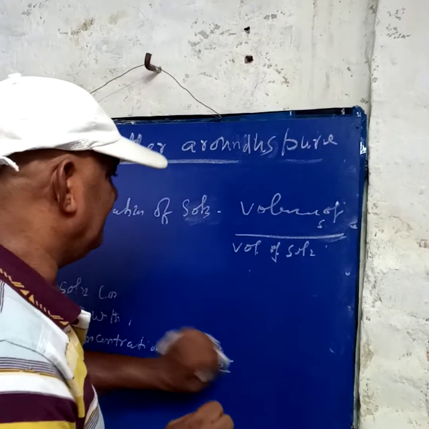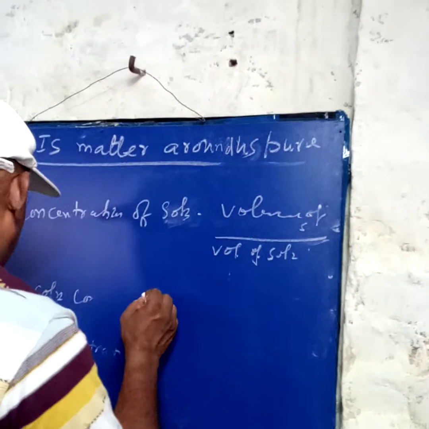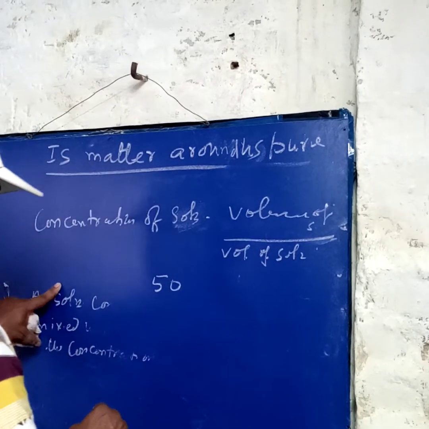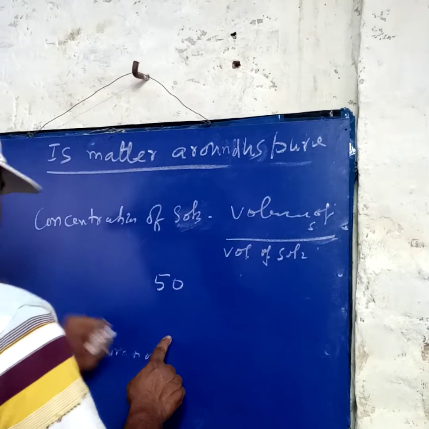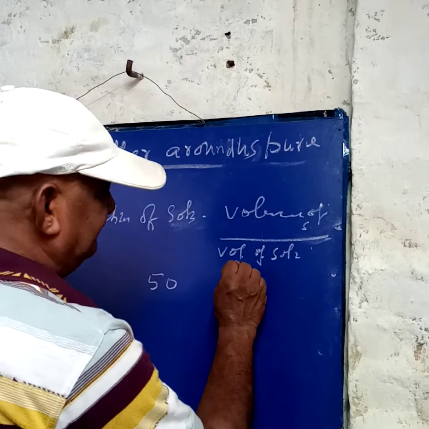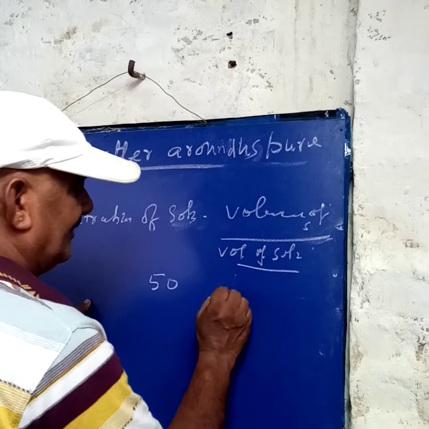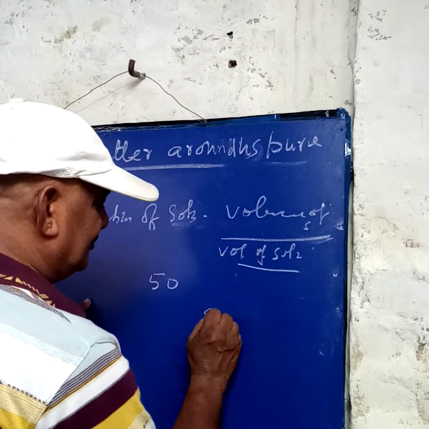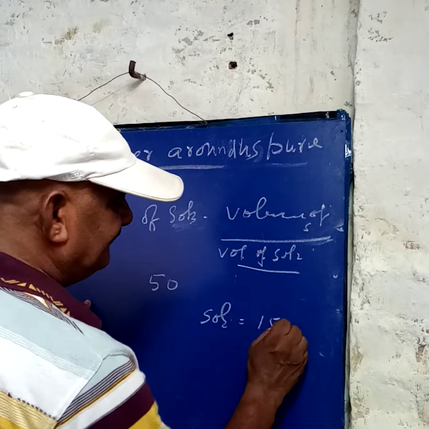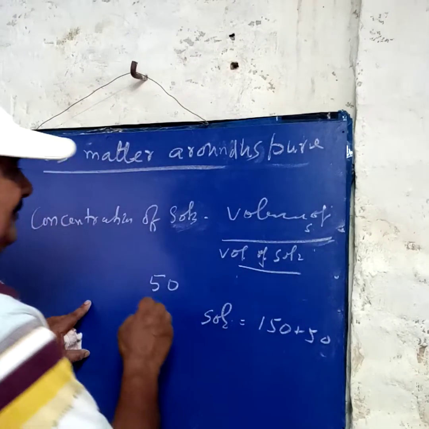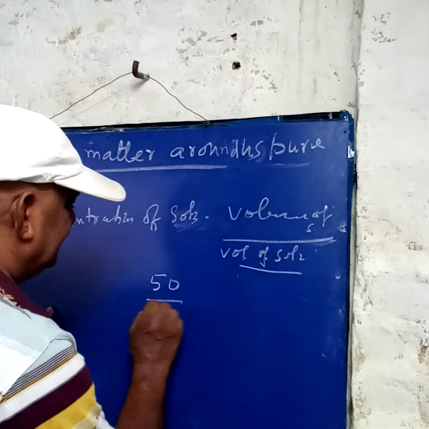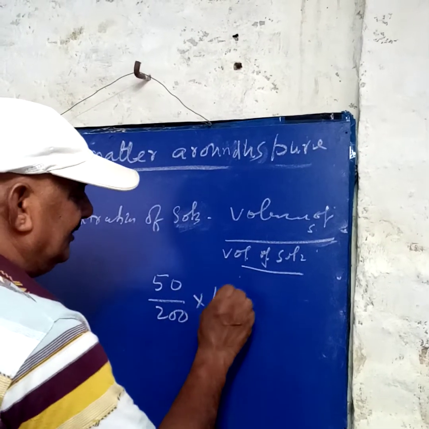How much alcohol is given? 50 ml of alcohol mixed in 150 ml of water. Then the solution is 150 plus 50. So the volume of solute is 50 and volume of the solution is 200, into 100.